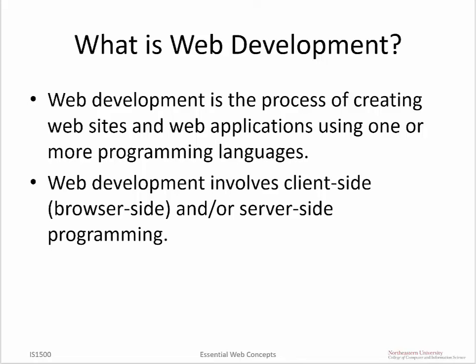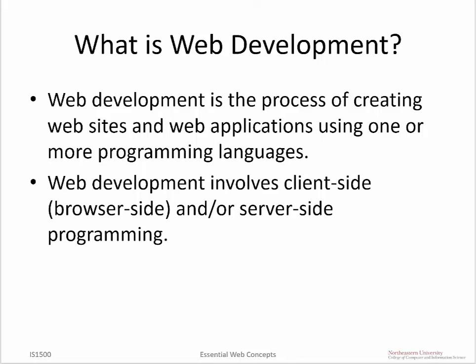Now web development involves both client-side and server-side programming. So on the client side we have the browser. That's what you actually use to interact with your website. So when you load Google Chrome or Safari or Firefox or Internet Explorer, that's your browser. Within your browser you view web pages. When you view a web page, you connect first to a web server from which you get the page.